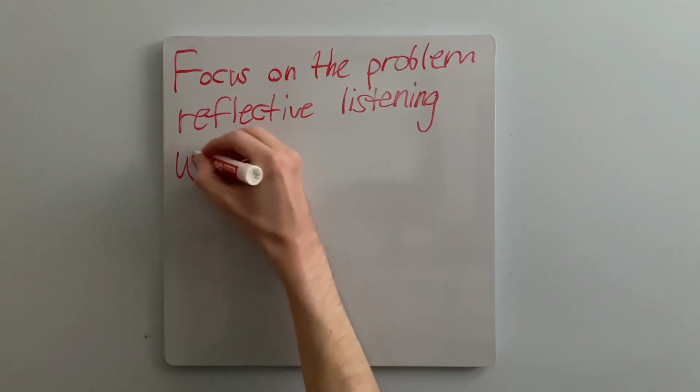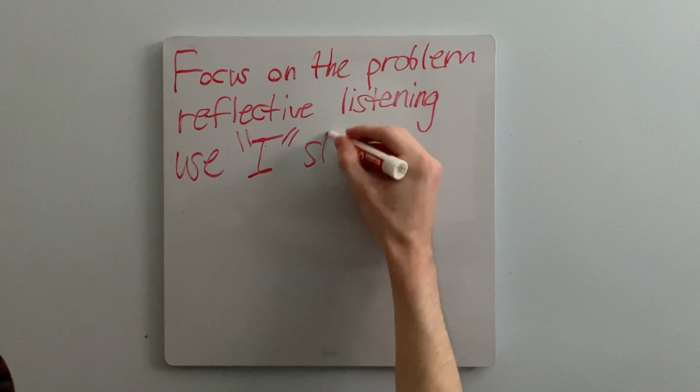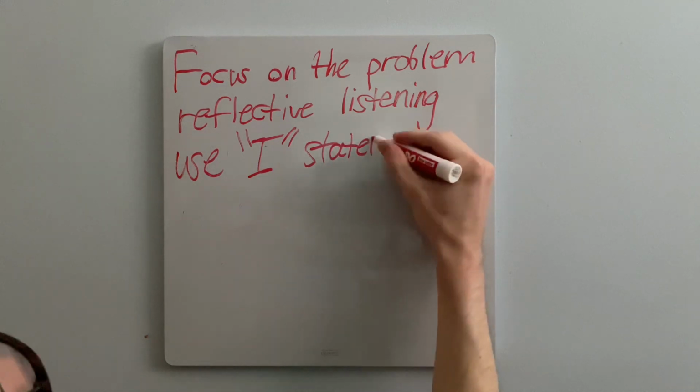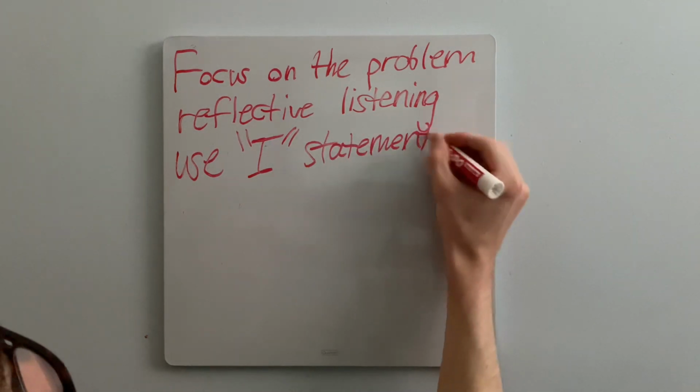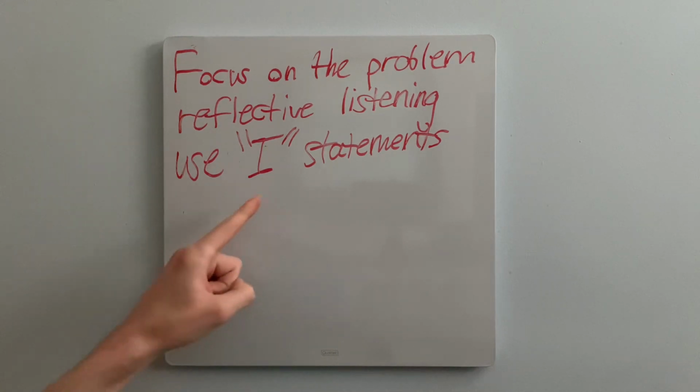Another very important thing is use I in your statements. Now this one might be a bit confusing at first, but I'll explain it. So if you always say, it's your fault, it's you, or you always refer to the other person when you're talking, sometimes they don't understand where you're coming from because you're not talking about yourself.